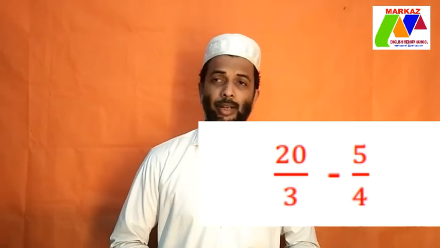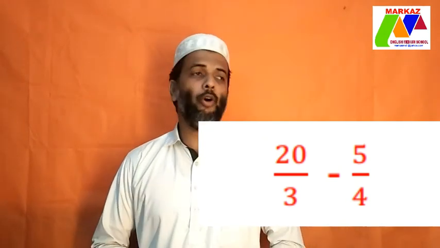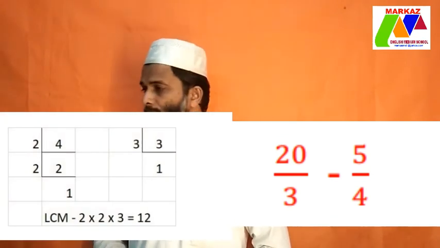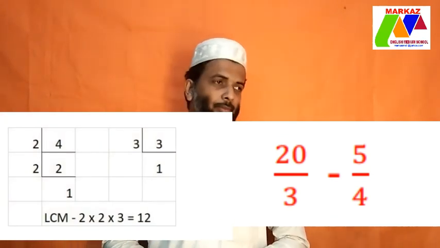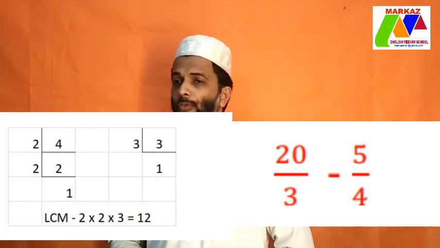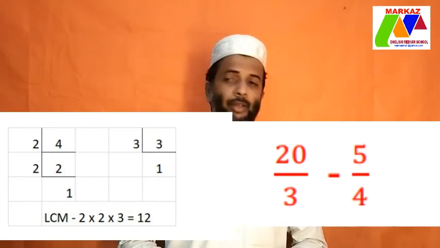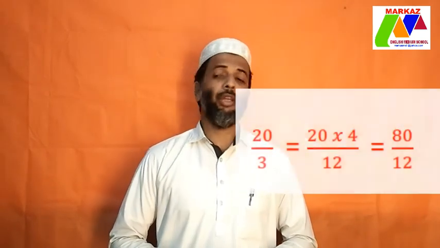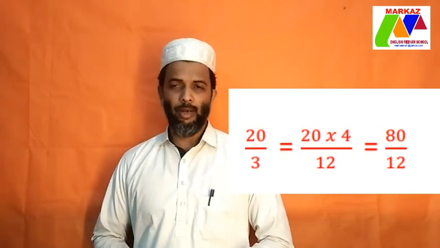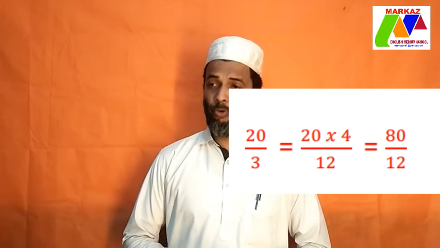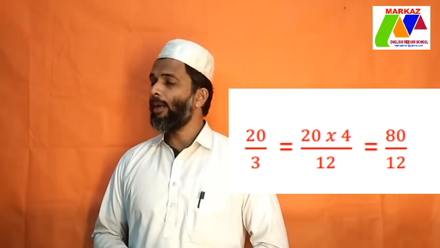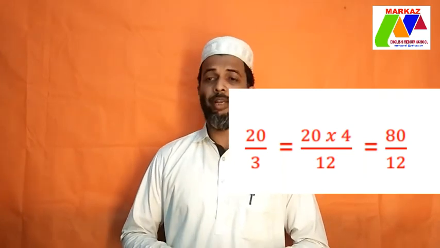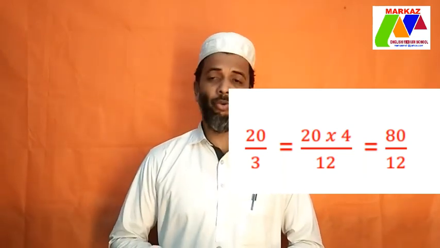Here unlike fractions, so find the LCM of 3 and 4. LCM of 3 and 4 is equal to 12. Compare the relation of LCM and denominator. Here in the first fraction, 3 into 4 is 12. So multiply the numerator with 4. 20 into 4, answer is 80 by 12.